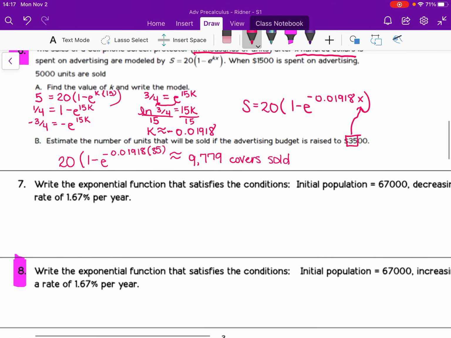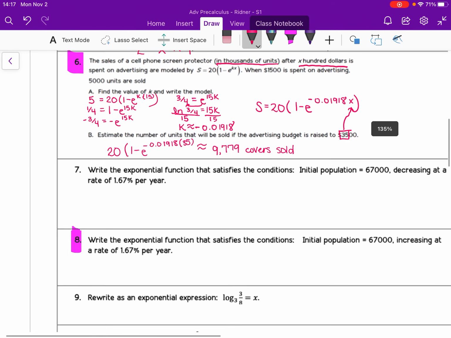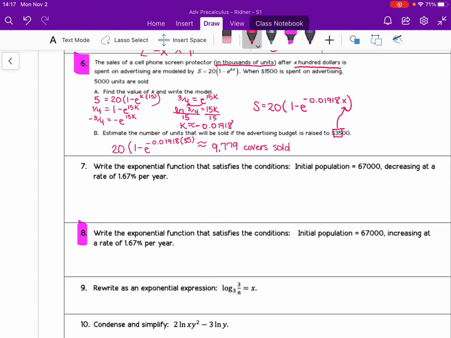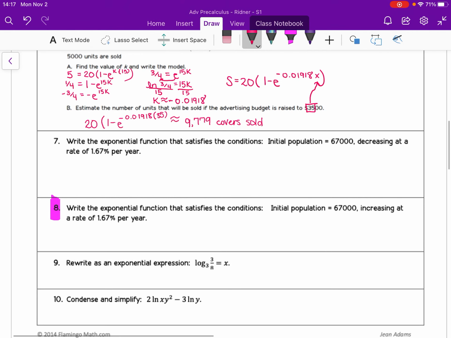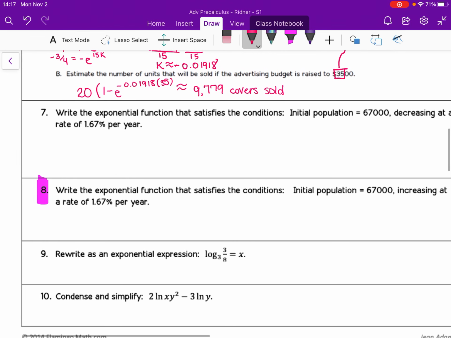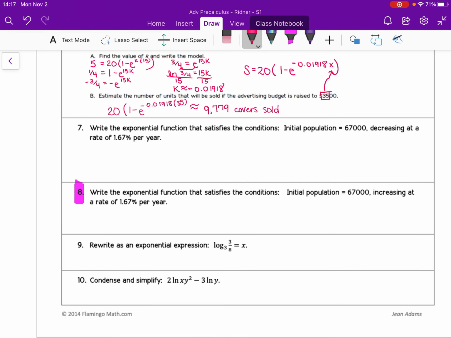If I want to write an exponential function that satisfies the condition, we have examples of those. There's a video of me doing these exact ones. So this one really should not be considered a difficult problem. So y equals the initial value, then 1 minus r because it's decreasing. Okay. And then my initial value was 67,000. 1 minus the rate.